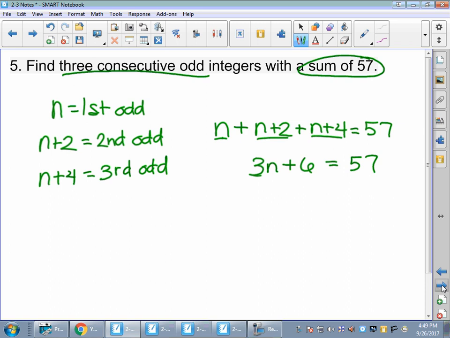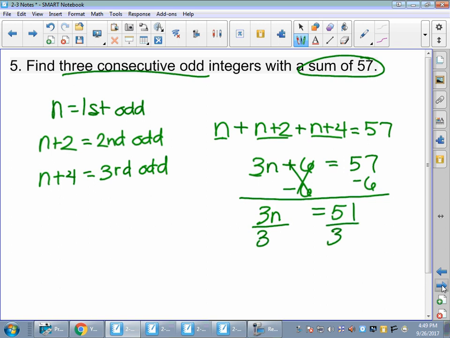So I cleaned up my equation, and now we're ready to solve. I'm going to subtract 6 from both sides. 3n, these cancel, is equal to 51. I'm going to divide by 3, divide by 3, n is equal to, when you divide 51 by 3, you get 17.